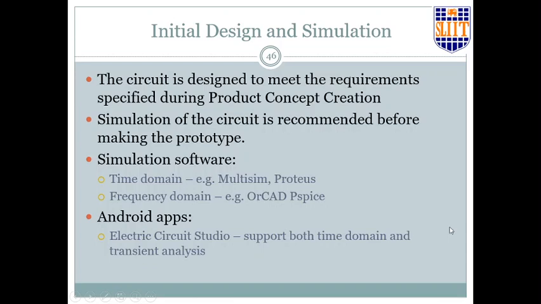Proteus is very close to real time, meaning that something that should happen in 1 second would happen in approximately 1 second. But in Multisim the execution is slower. Sometimes it may take 3-4 seconds for something that should happen in 1 second, but it's still time domain.